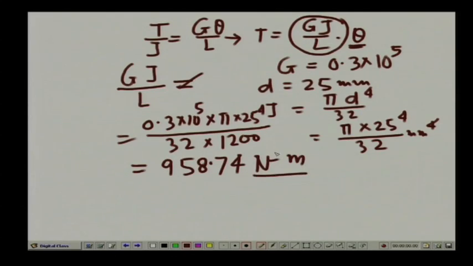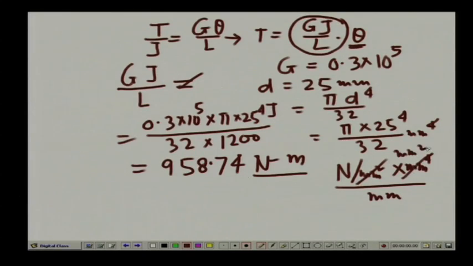Now, as I told you, unit-wise G is in MPa, which is Newton per millimeter square, J is millimeter to the power 4, divided by L in millimeter. So, this cancels millimeter square and this cancels millimeter, so Newton millimeter. So, this is what is in Newton meter.